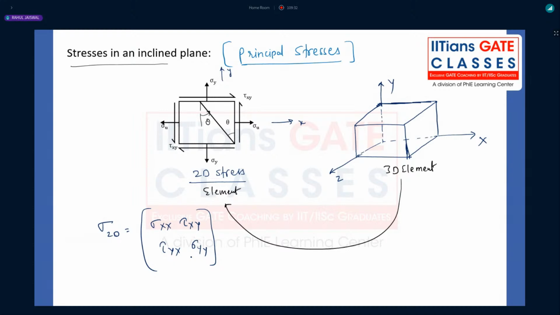Now, what about the other components which act in the z direction? Tell me guys, in which case can we assume a 3D element to be a 2D element?